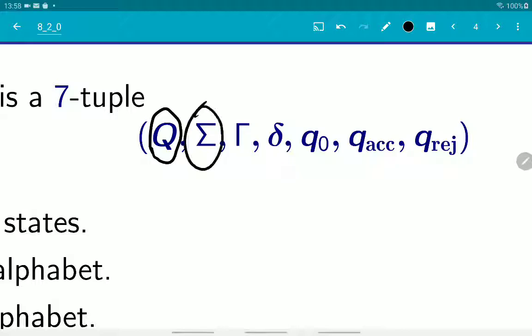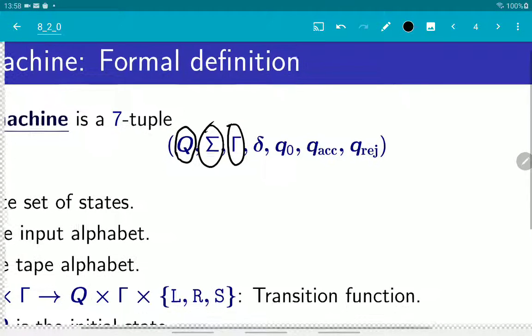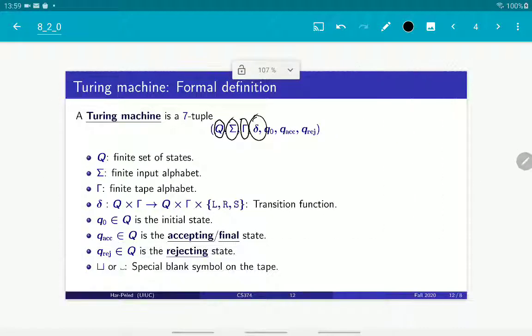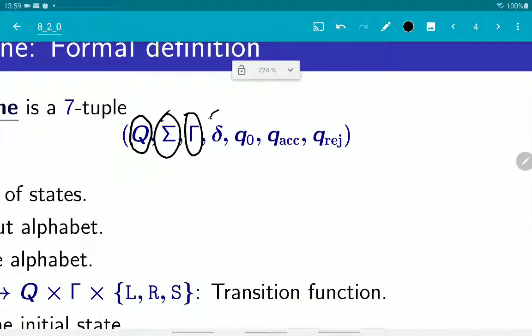You have an input alphabet, that's the input. There is gamma, which is the alphabet written on the tape, which is a superset of sigma. There is delta, the transition function, which is going to be a mess, of course, because everything is going to be a mess. There is a start state, which is where the start is.